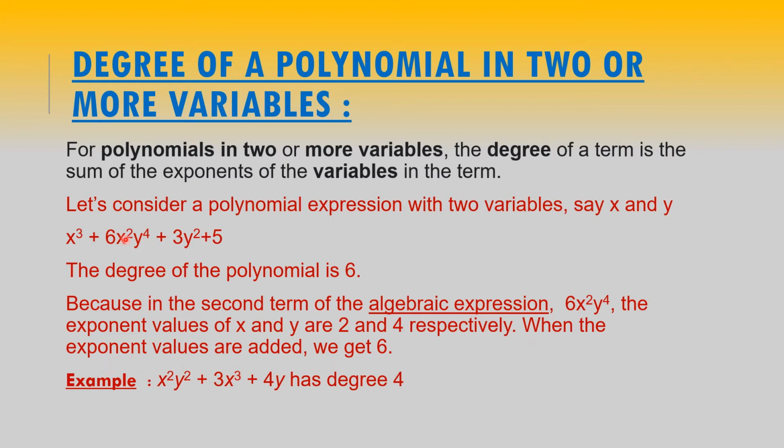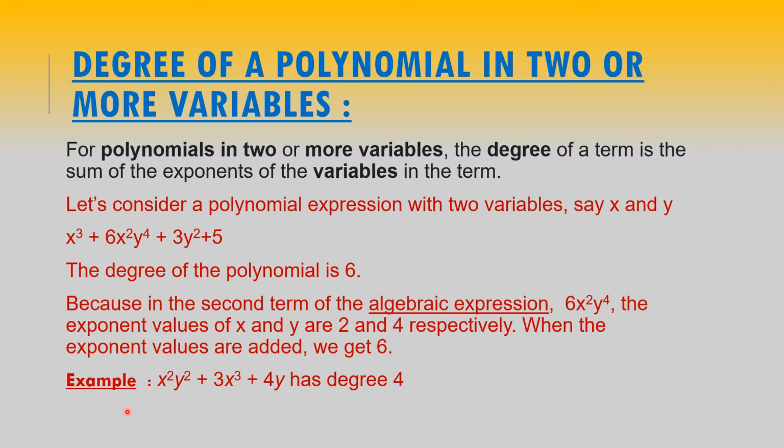Here what we have done is we have added the exponent values, 2 plus 4. We get 6. The final equation becomes x cubed plus 6x squared y to the power 4 plus 3y squared plus 5. And when the powers are added, it becomes 6. So the degree of the polynomial is 6.